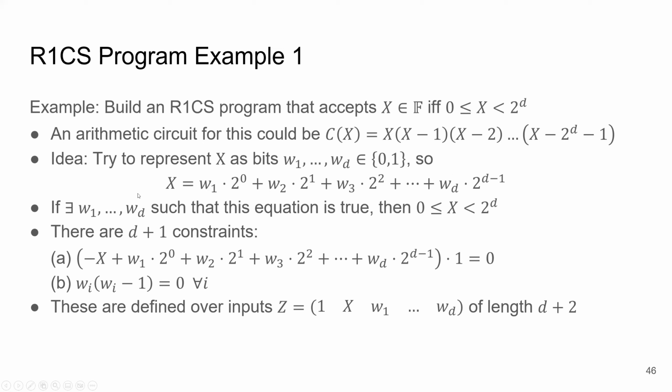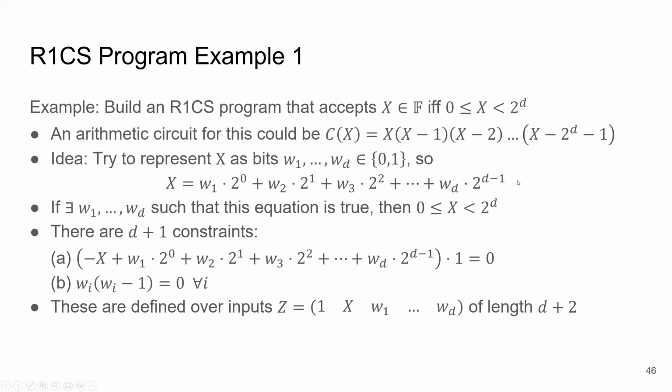So how can we represent this argument using some matrices in our R1CS program? Well, here we have defined D+1 constraints. The first constraint is that this equation must be true.